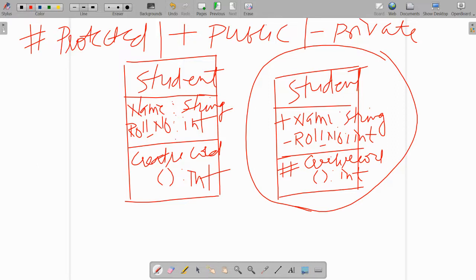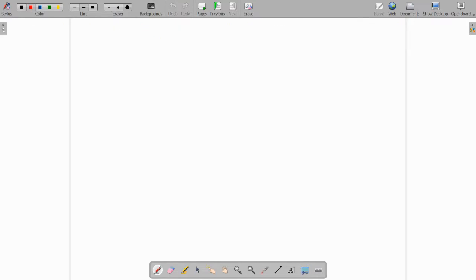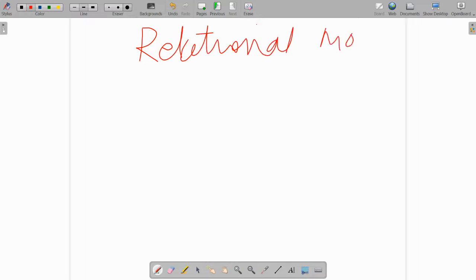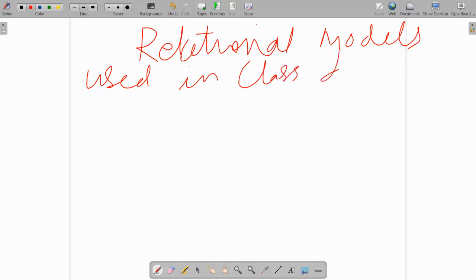To show this relationship, we have to understand the five relationship models. What are the five different relationship models used in the class diagram? Okay, so you can just write down the heading as relational models used in class diagrams.